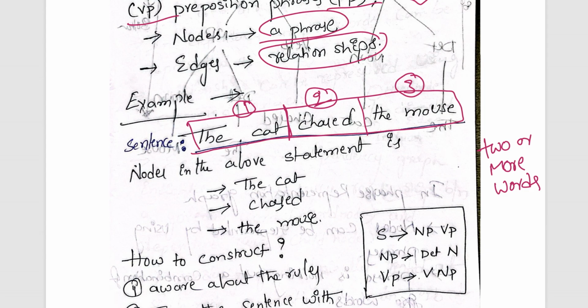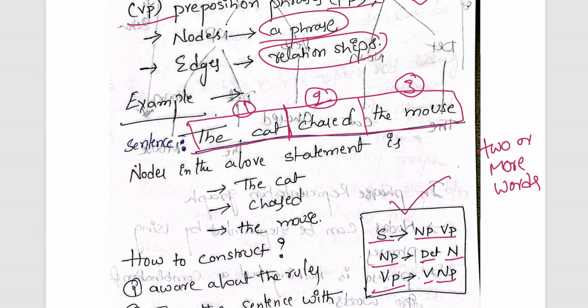This is the first step. Then, to construct the phrase structure graph, we need to check the constructed grammar. Here, sentence is followed by noun phrase and verb phrase, noun phrase by determinant and noun, and verb phrase by verb and noun phrase. By using this grammar we will construct the parse tree, that is the phrase structure approach.